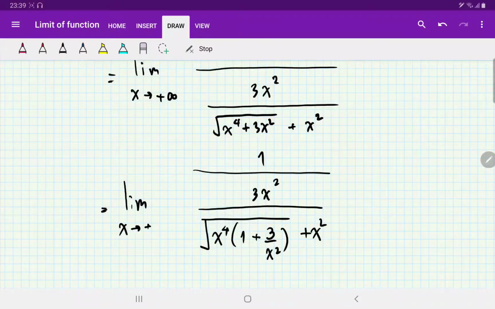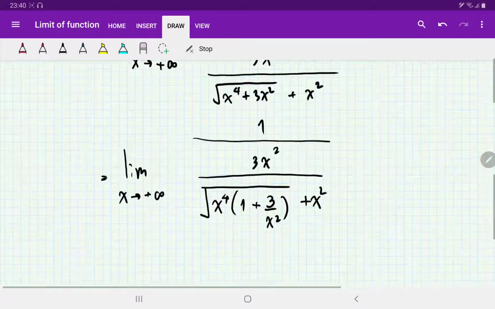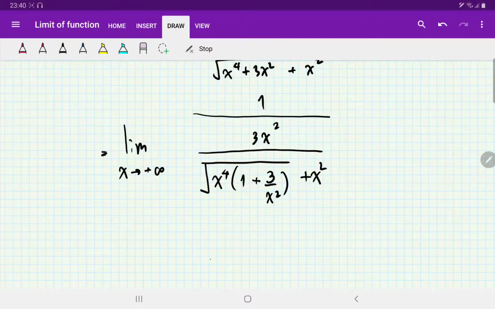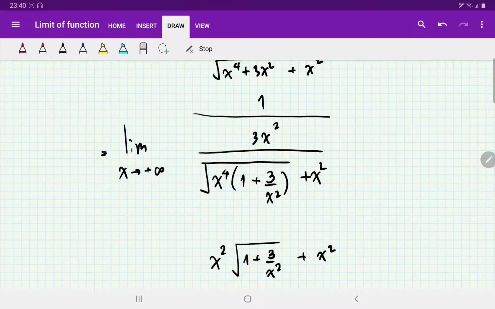Take the limit as x approaches plus infinity. In the first term, we can look at the x power 4 under the square root. We can take it out of the square root as x power 2. So it is x power 2 multiplied by the square root of 1 plus 3 over x squared, and plus x squared.